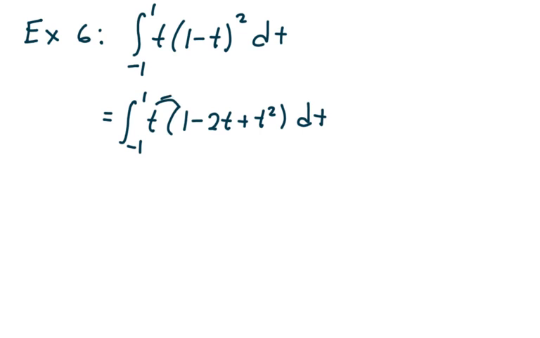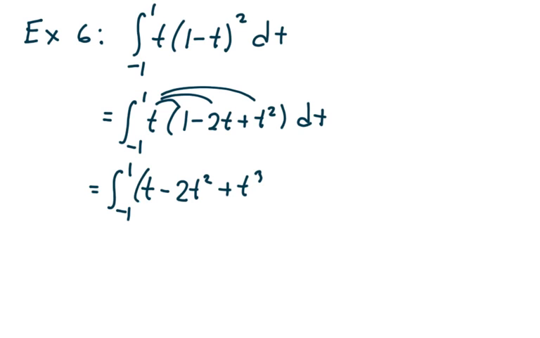So I'm going to distribute the t in, like so. And I'm going to get the integral from -1 to 1 of t minus 2t squared plus t to the third dt. And so when I go forward, the antiderivative of t is 1/2 t squared.